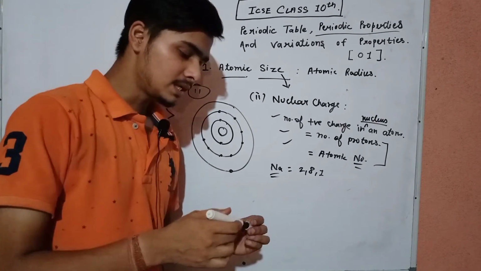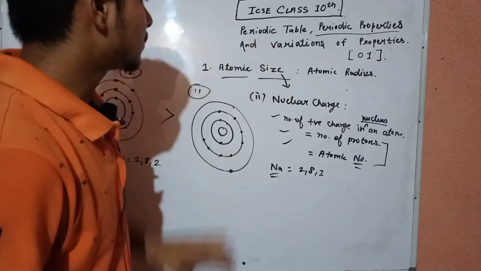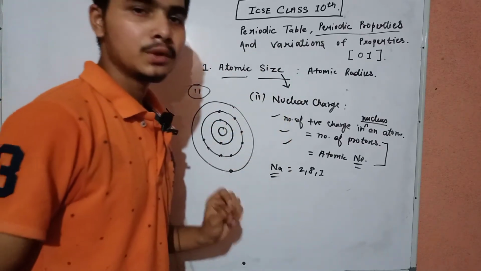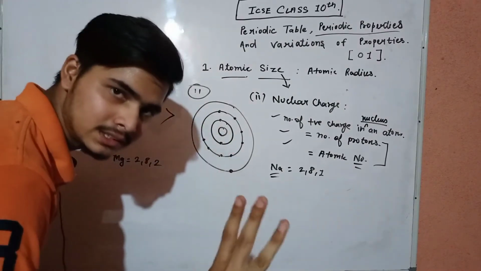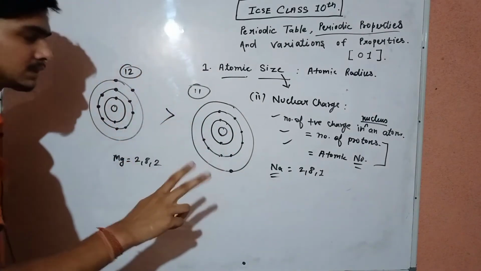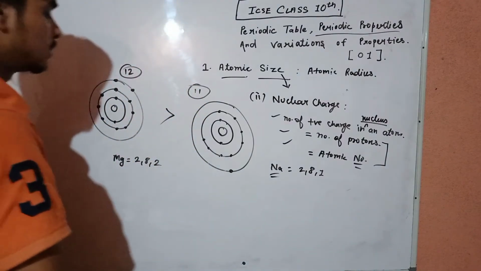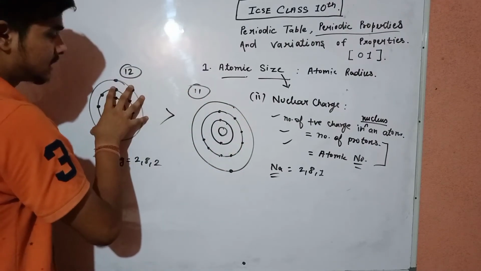Now, let me directly come to the question: how does this nuclear charge affect the atomic size? See, both these atoms have 3 shells. This also has 3 shells, this also has 3 shells.